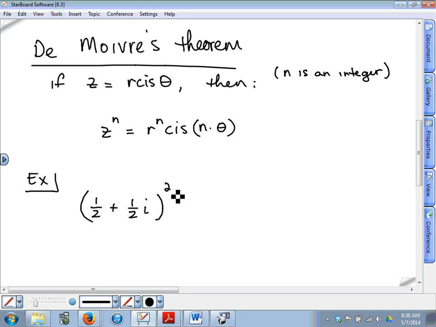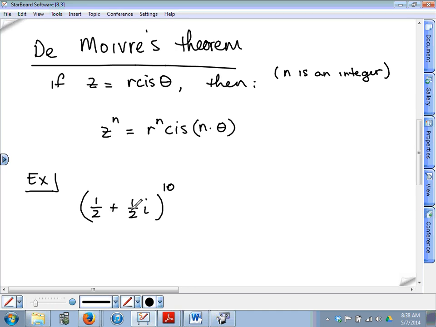Would it really be that hard to square this in standard form? How would you do that? You would just write this twice and use the FOIL method, right? And then remember i squared is equal to -1. Would it really be that hard by hand to raise it to the 3rd power? You just add another parenthesis and multiply it out. But can you imagine doing this for the 10th power? Would that be very easy to do by hand in standard form? No, not very easy at all.